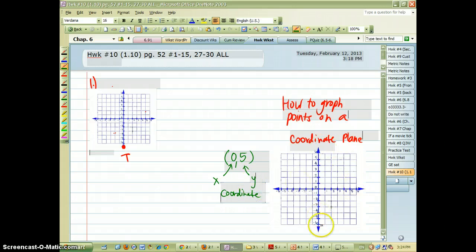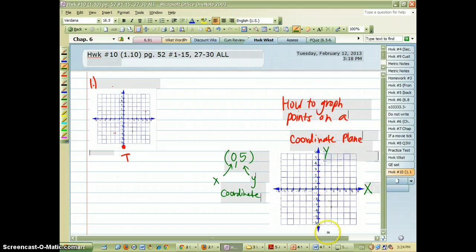So when I look at my two number lines that are intersecting, my horizontal line is always my x, so I always like to put an x over here, and my vertical line is going to be my y. Now that's going to help me remember that I'm going to first go left or right and then go up and down. So I always start at the origin, which is (0, 0), which is the middle.